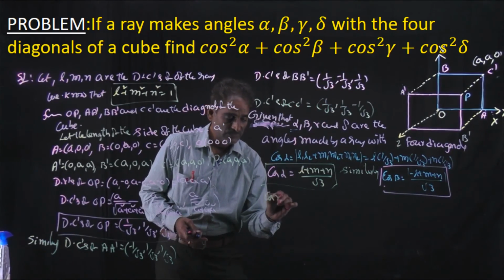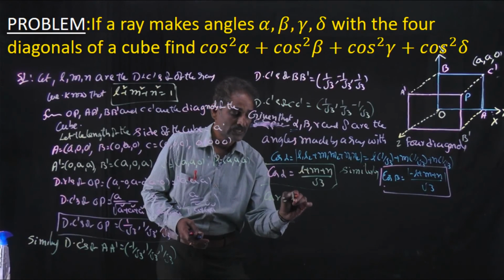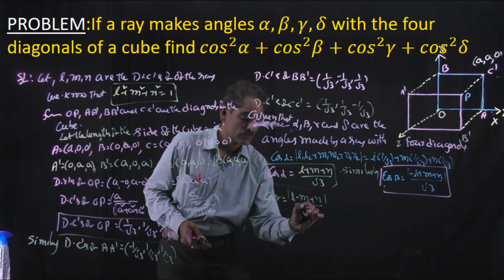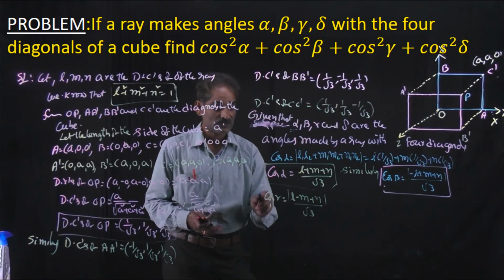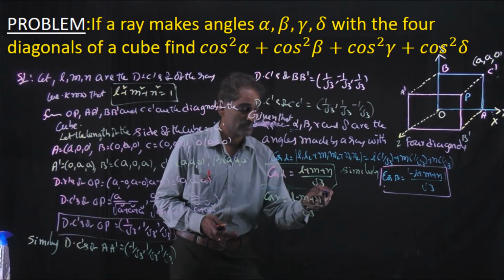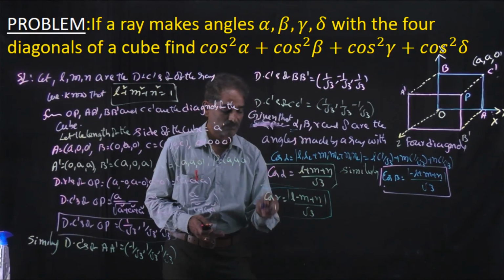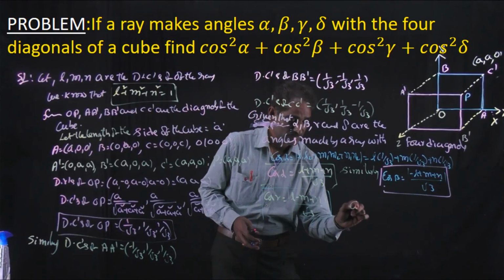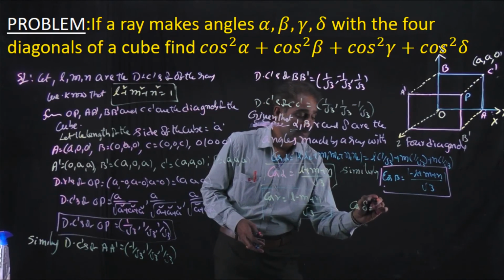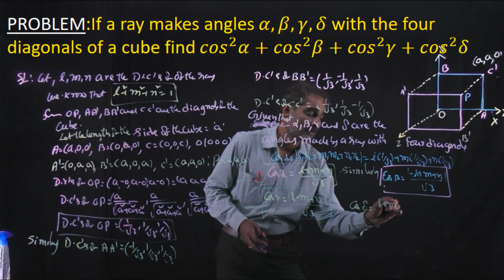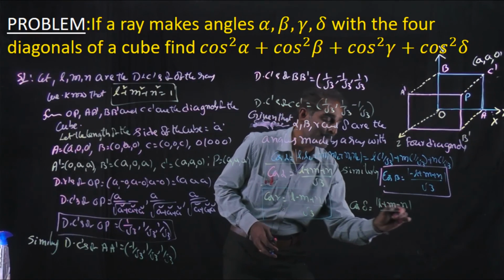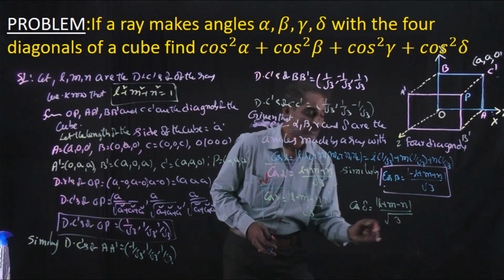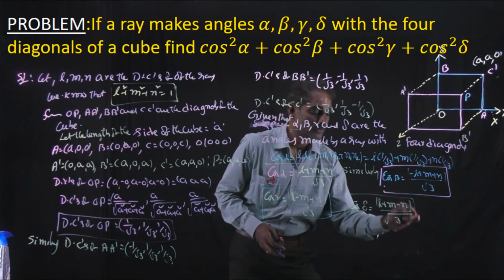Cos gamma is equal to L minus M plus N by root 3, and cos delta is L plus M minus N by root 3. This is the fourth one.